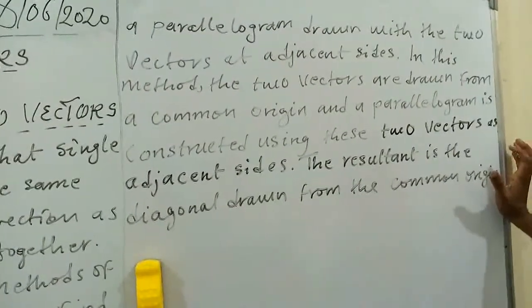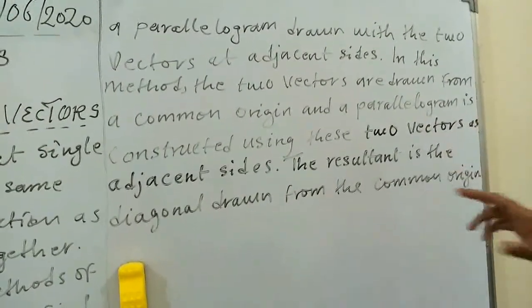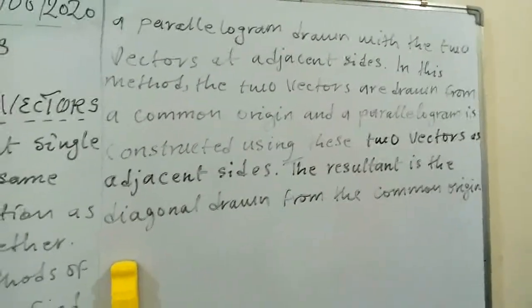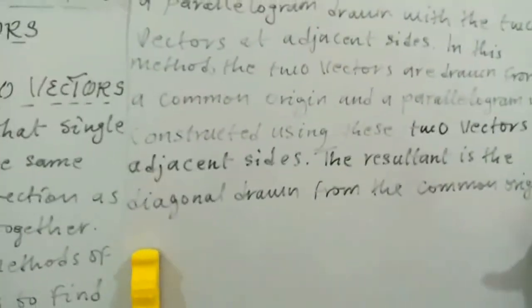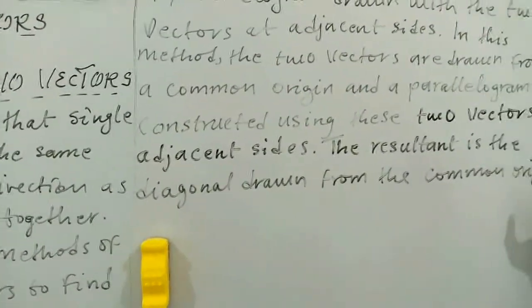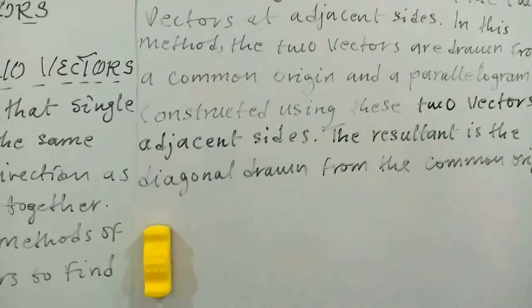In this method, the two vectors are drawn from a common origin. I have explained what a common origin means. A parallelogram is constructed using these two vectors as adjacent sides. The resultant is the diagonal drawn from the common origin.